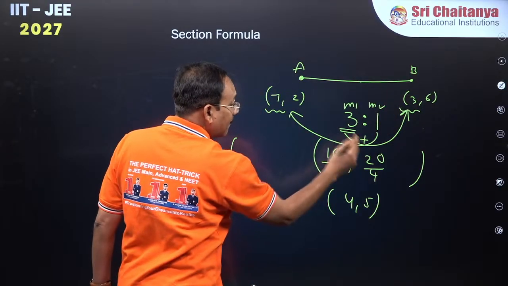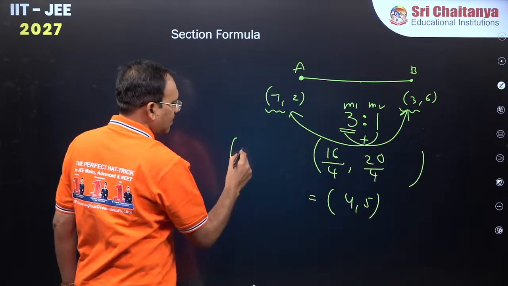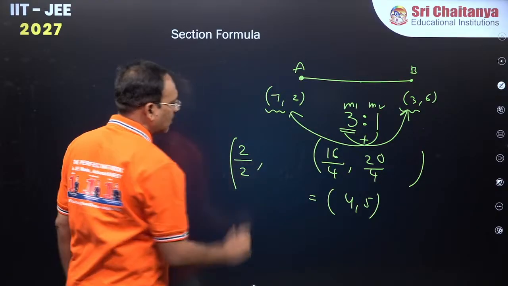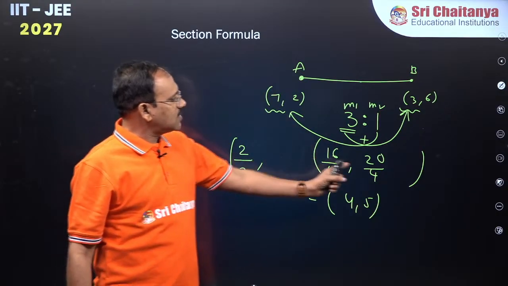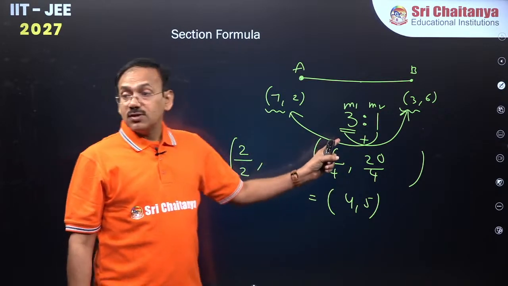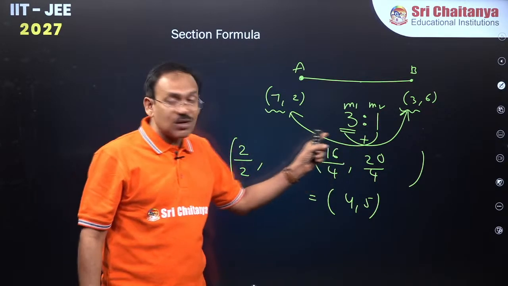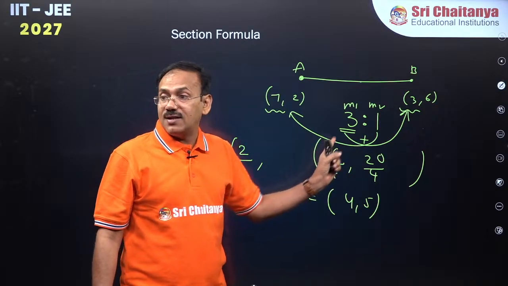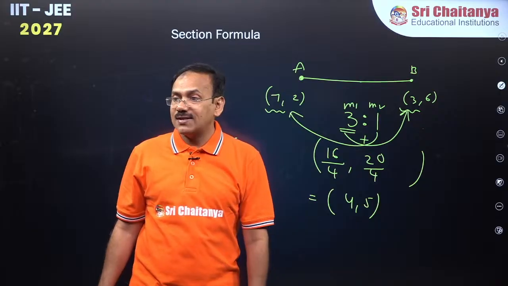9 minus 7. 9 minus 7 is 2 by 3 minus 1 is 2. Correct? See, 3 threes are 9 minus 7, 2 by 2. So many of you got 1 by 2 in the sense you have written 4 in the denominator. In the denominator you have to write 3 minus 1. 1 by 2 is not correct.